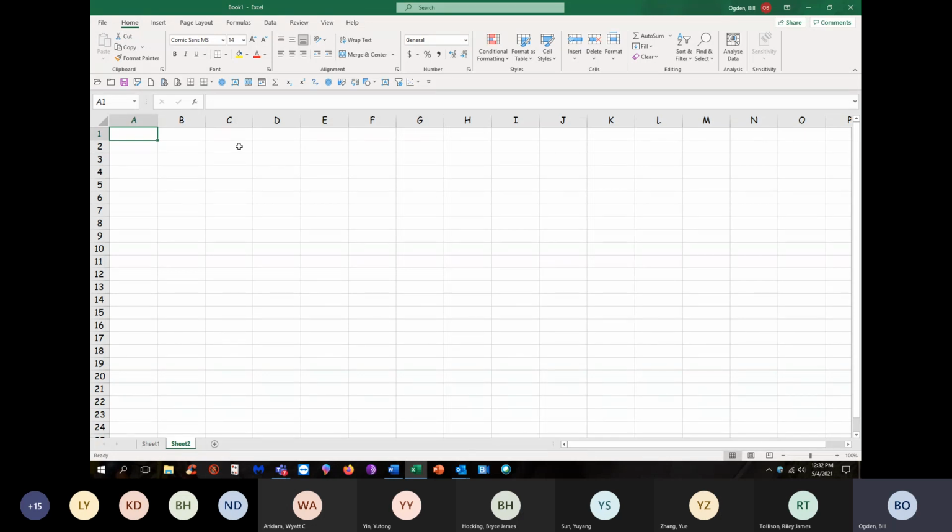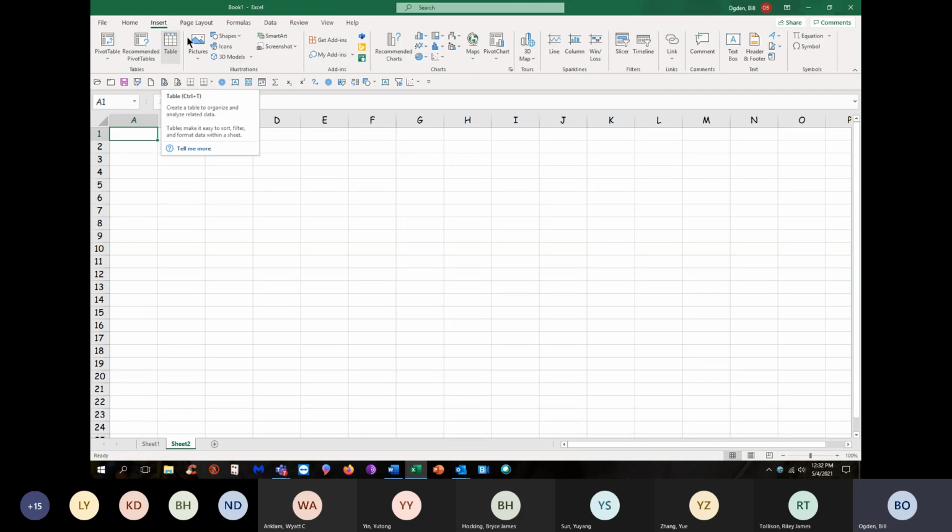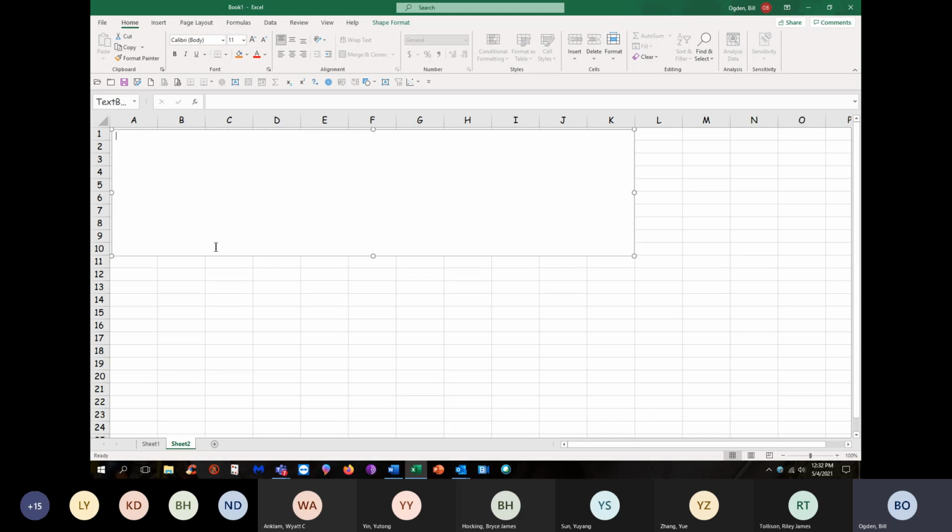So one thing you can do, if I go to Insert and grab what's called a text box, I can just size a text box here. These text boxes are handy, especially if you do labels on graphs, you can set your labels in a text box.